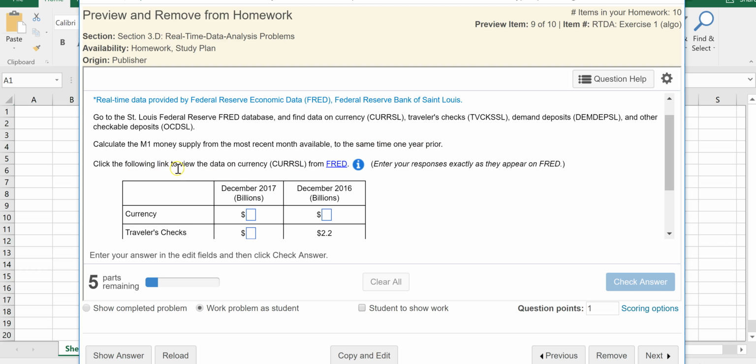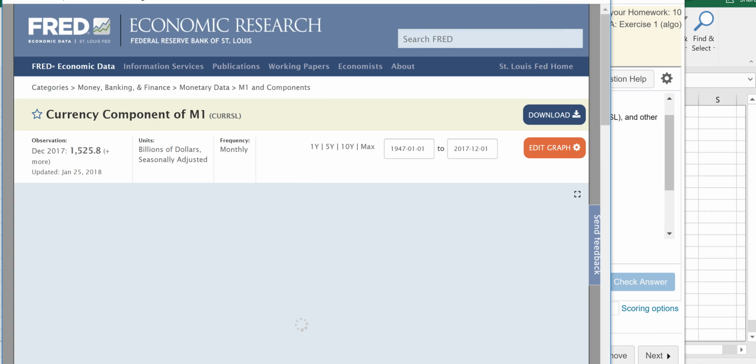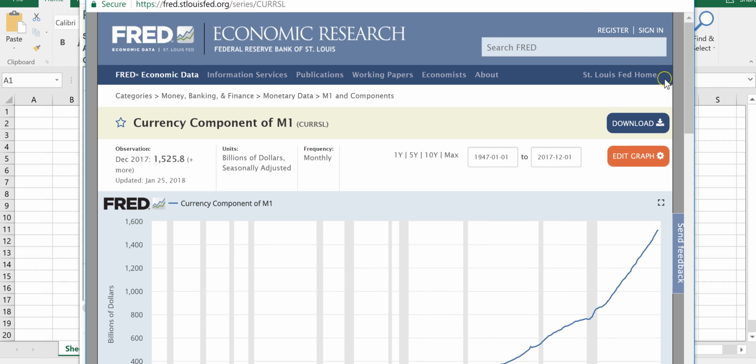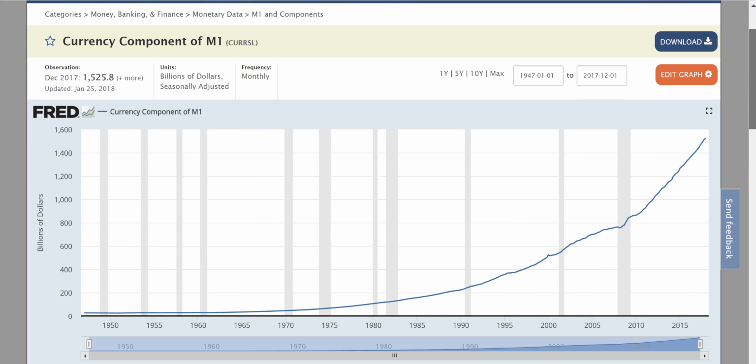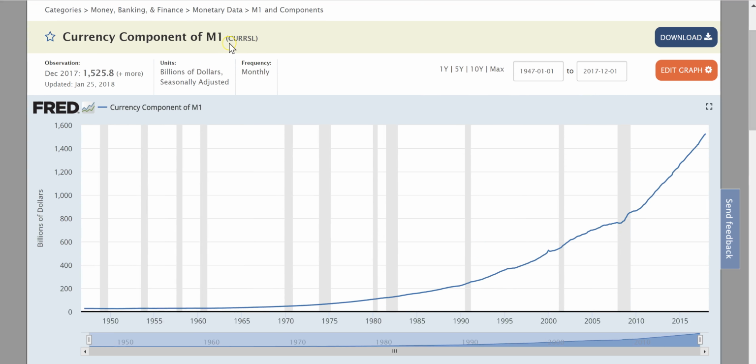Click the following link to view the data on currency. If I click on that, you can see this will give me the chart on the currency component of M1. As I mentioned in one of my earlier videos, one variable we should notice is this symbol here.